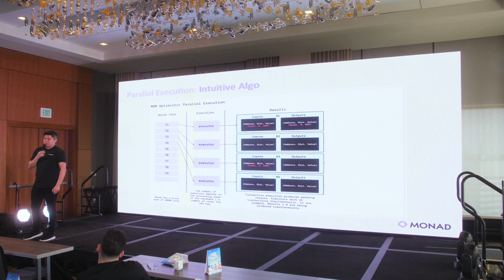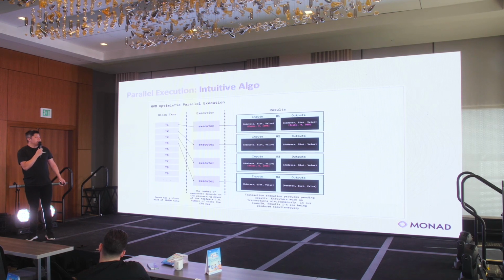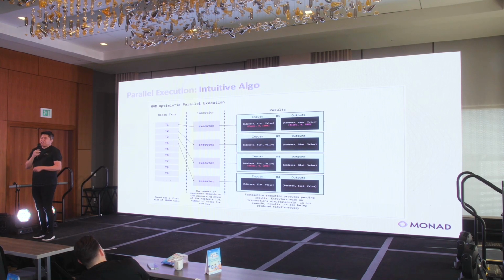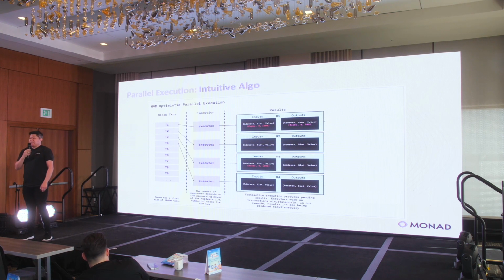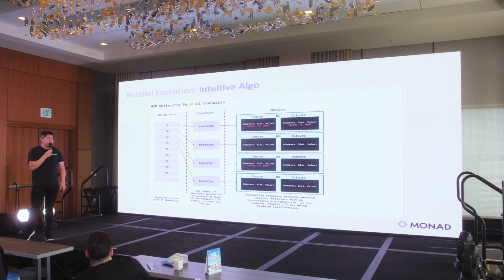Let's say the first one, might be a little hard to see here, is me sending Alice 10 USDC. The second transaction is something like minting an NFT. And then the third transaction is me sending Bob 5 USDC. So in optimistic parallel execution, what happens is we just run all 3 of those transactions at exactly the same time, assuming they started from exactly the same state.